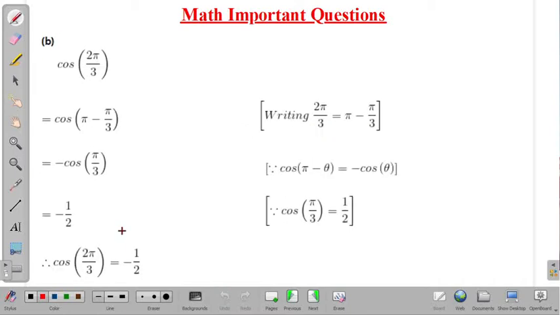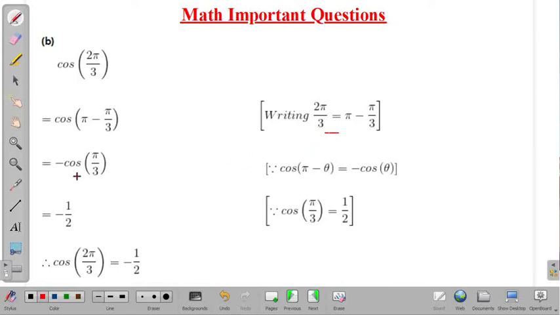Similarly, in the second problem, we have to find the value of cos 2 pi by 3, and we can write 2 pi by 3 as pi minus pi by 3, right? And we know that cos of pi minus theta is equal to minus of cos theta, as pi minus theta will lie in the second quadrant, and in the second quadrant cos value is negative.